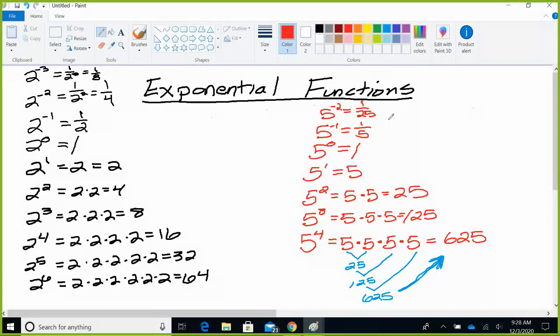Okay, next piece. Exponential growth. I want you guys to see how I can find that.